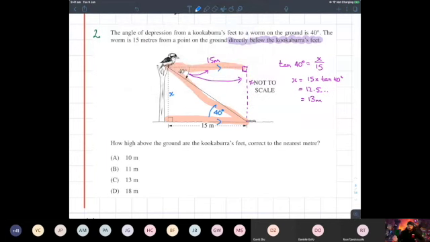If I followed the alternate angle and did it in blue, the blue part, x is my opposite and 15 is my adjacent. Look, I'm going to get the exact same answer there as well.